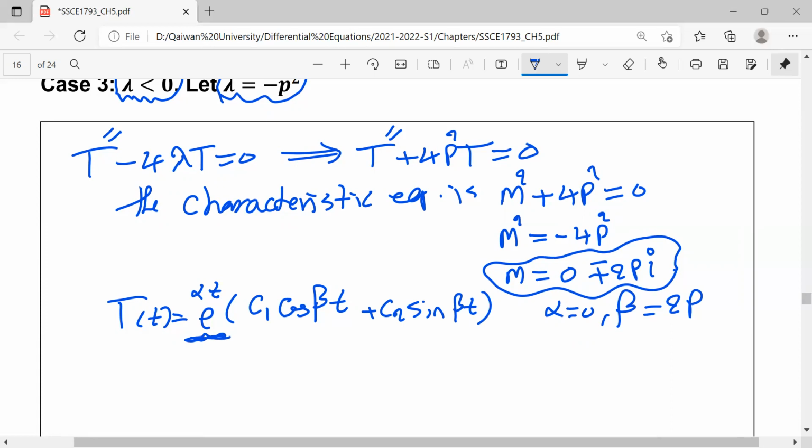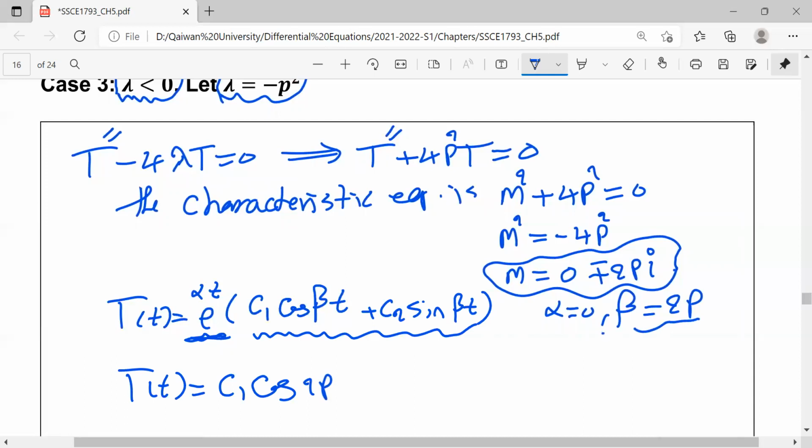And here we replace beta by 2p, and we get capital T of t equals C1 cosine 2pt plus C2 sine 2pt. When we take alpha plus minus I beta, we just take beta as a positive value, but if we have a negative sign for alpha, we take it.